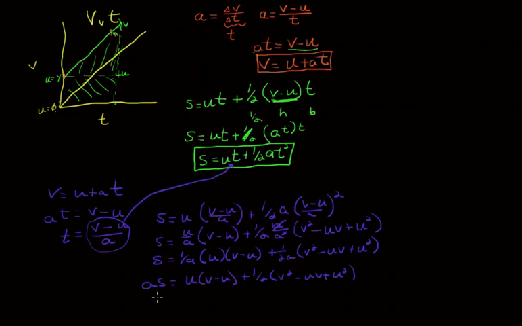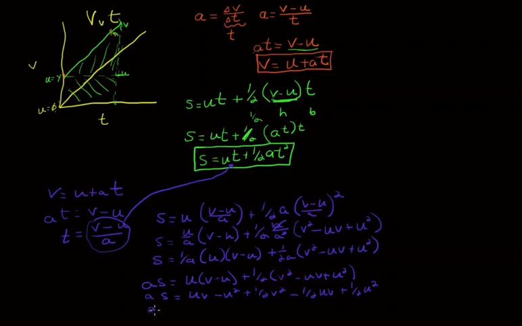We're kind of getting close here, so hang in there. As equals uv minus u squared plus 1/2 v squared minus 1/2 uv plus 1/2 u squared.